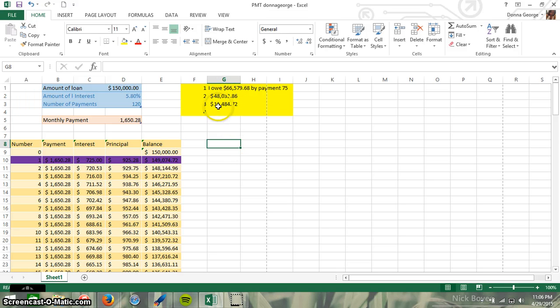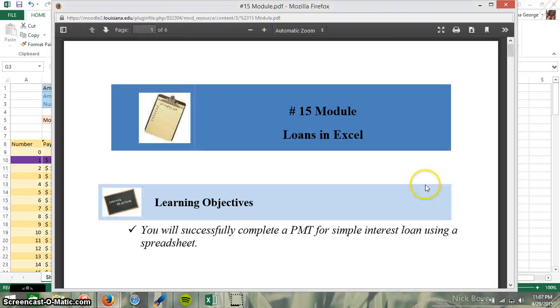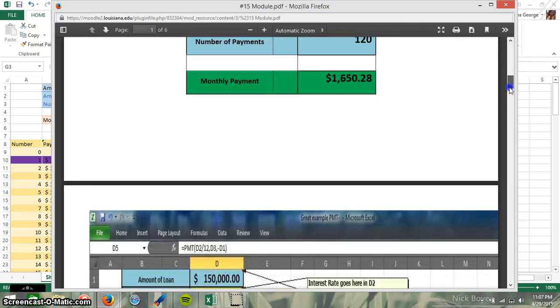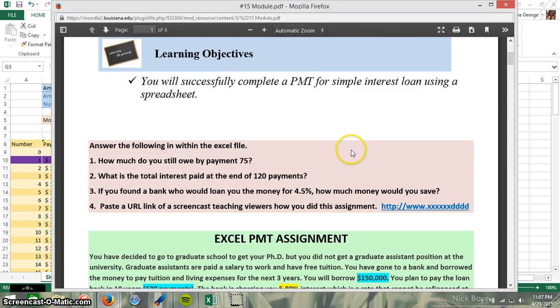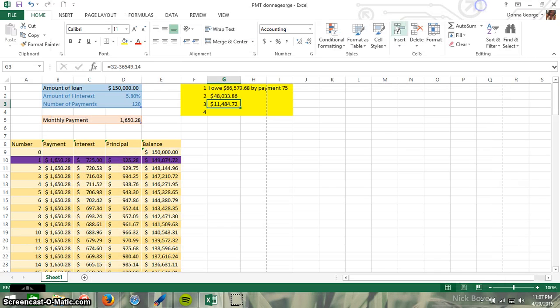And then for this one, it was to see if the interest was 4 point something. If it was 4.5, how much money would I save?